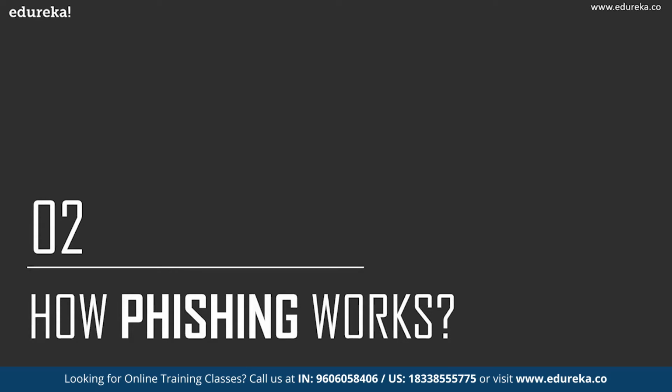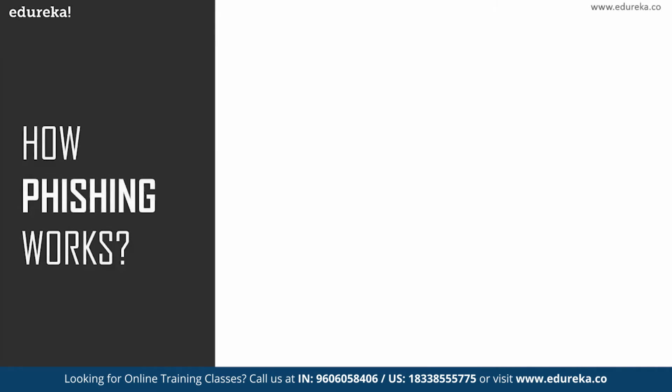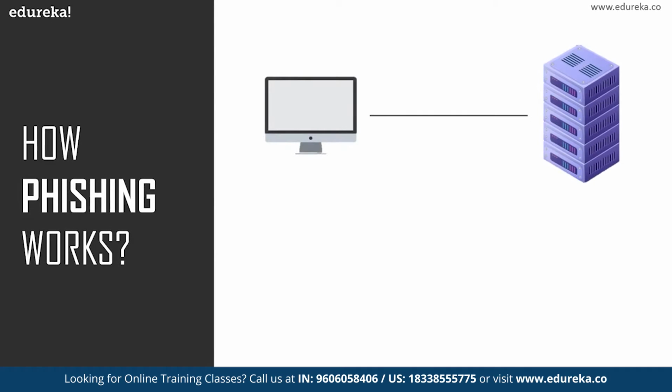Like I told you, phishing is web-based and is mainly used to steal credentials. So we need a web application that is using a web server. Now every web application is connected to a web server. When you're using a web application, there is some data, the packets, the information that is being sent from your web application to the web server and from the web server back to your web application. This is how the communication between the web application and the web server happens.